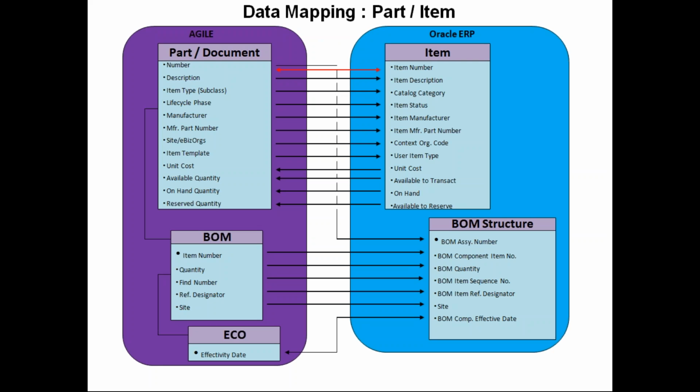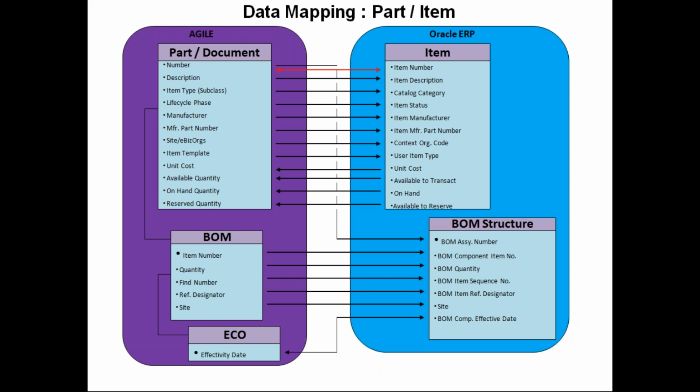When we look specifically at the data mapping related to part and item, you can see that there is a system of record in an organization that's running both Agile and an Oracle ERP system. The system of record for the definitional aspects of the master item database is typically going to be the Agile PLM system.